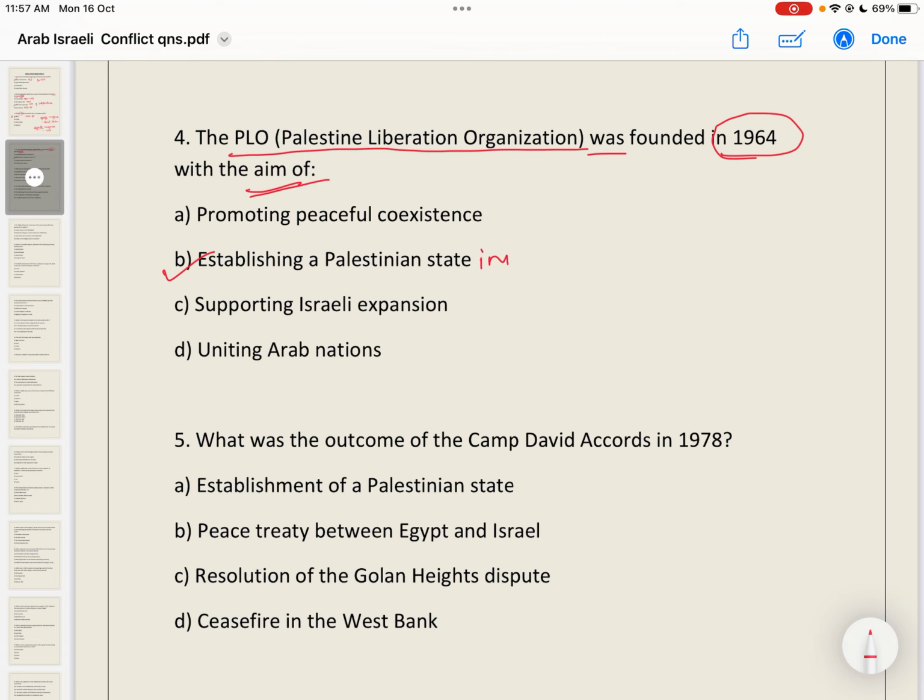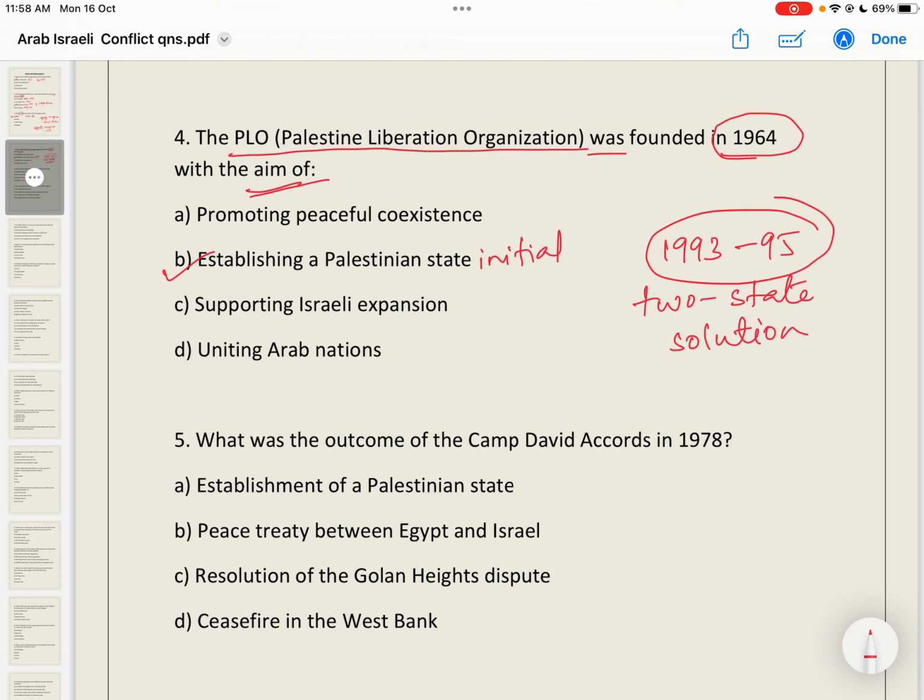However, later on, with the first Oslo Accords, they gradually moved on. The current stand is the two-state solution. However, till the Oslo Accords of 1993-95, they held on to the belief that the entire area should be Palestine only.